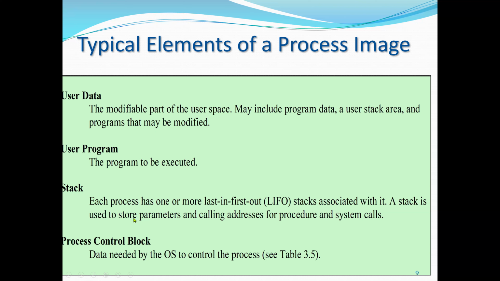With the stack, each process has one or more last-in, first-out (LIFO) stacks associated with it. A stack is used to store parameters and also the calling address for procedure and system calls. Also, the process control block data is normally needed by the operating system to control the process.